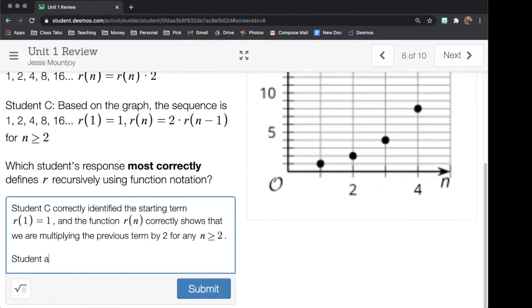Student A is incorrect because they forgot the starting term.